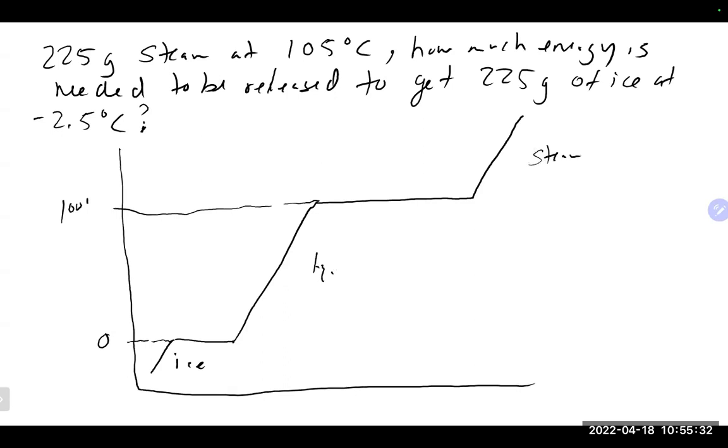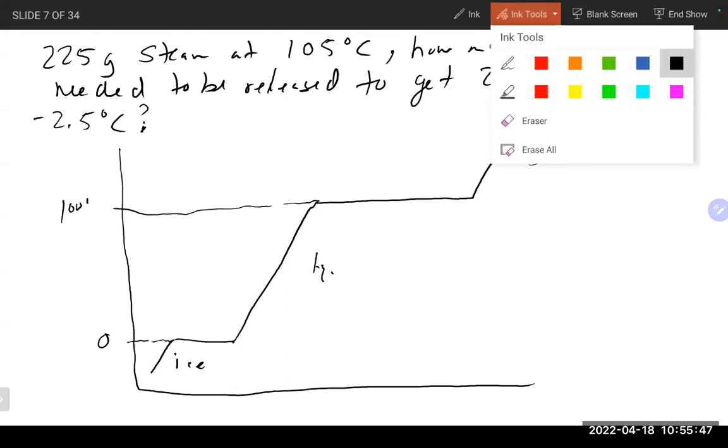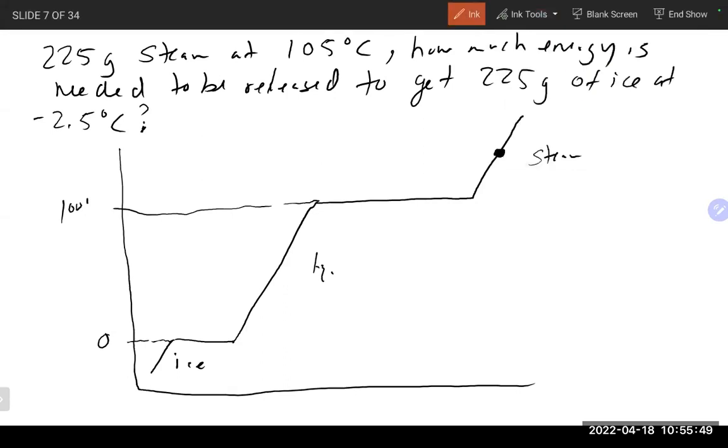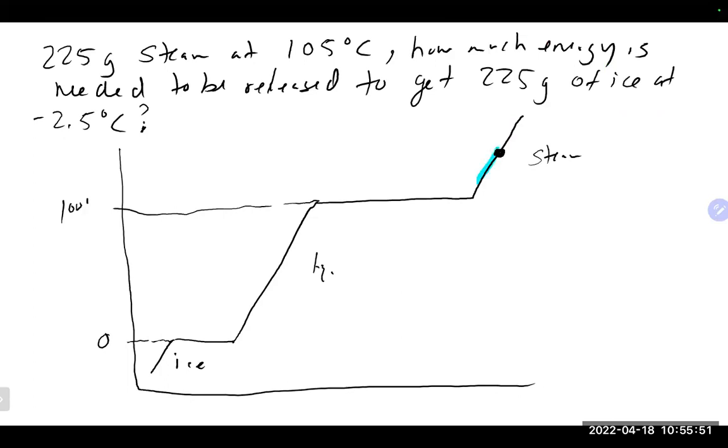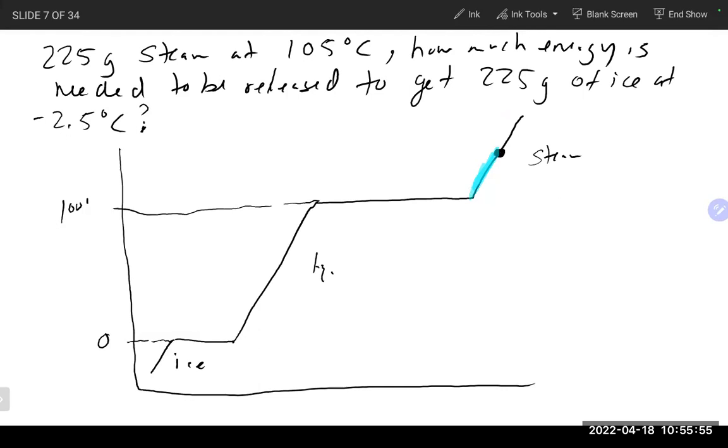We're starting at 105 degrees, roughly about here. So the first process is that steam at 105 degrees would come down to steam at 100 degrees Celsius.